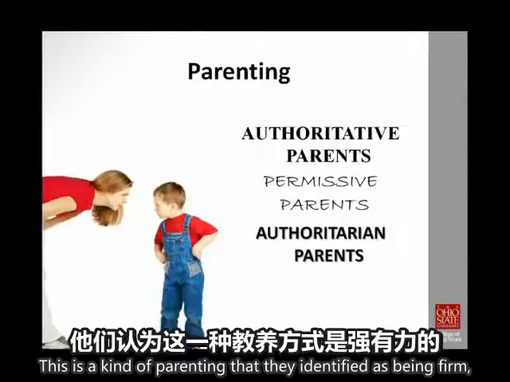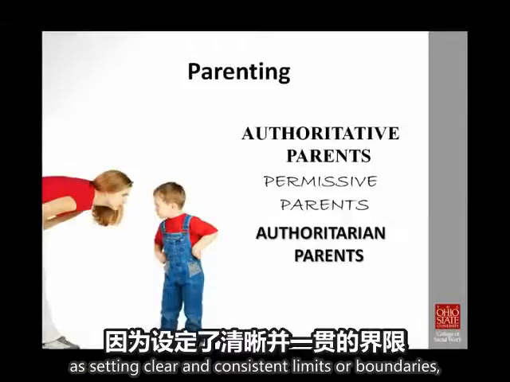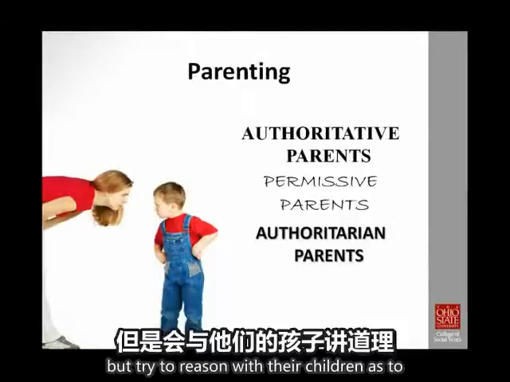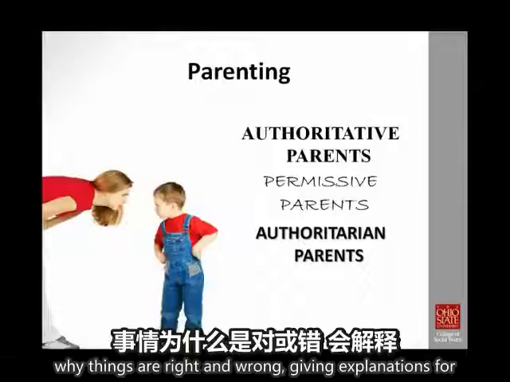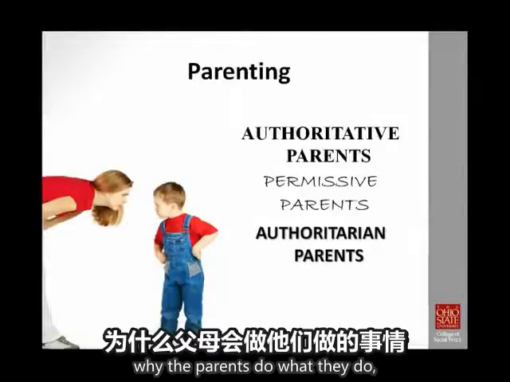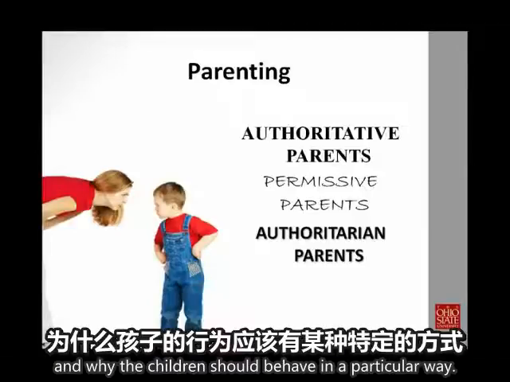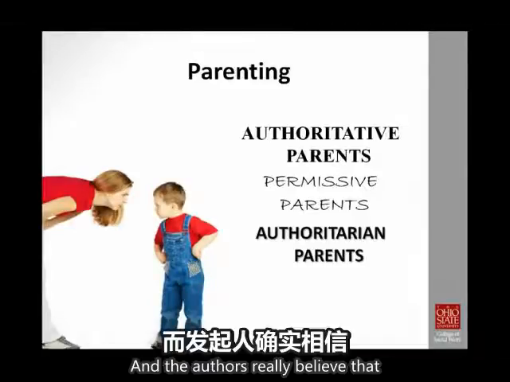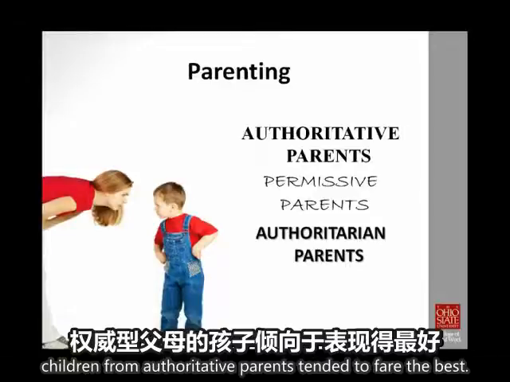And then authoritative parenting. This is a kind of parenting that they identified as being firm, as setting clear and consistent limits or boundaries, but try to reason with their children as to why things are right and wrong, giving explanations for why the parents do what they do and why the children should behave in a particular way. And the authors really believe that children from authoritative parents tended to fare the best.